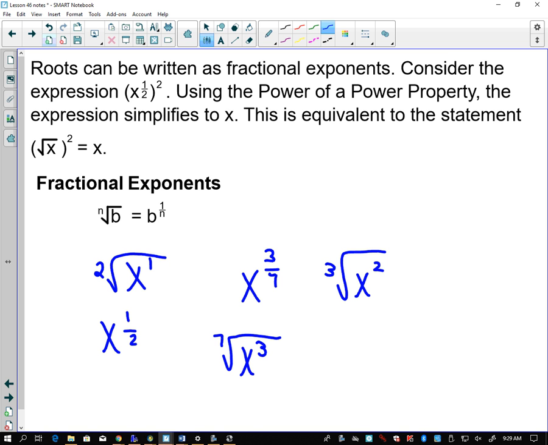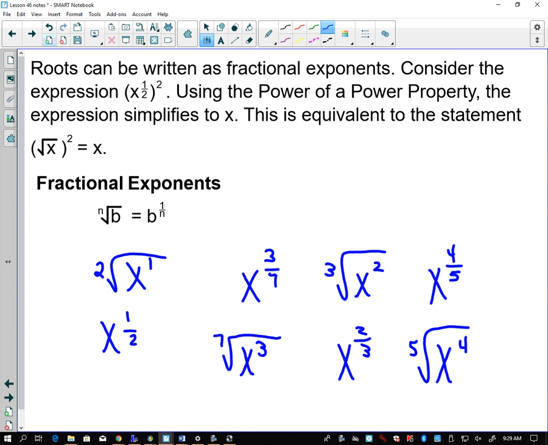What is that as x to a fraction? x to the 2/3. Good. All right, let's try another one. Let's say x to the 4/5. What is that as a radical expression? x to the 4th with 5 as my index, right? So it would be the 5th root of x to the 4th.